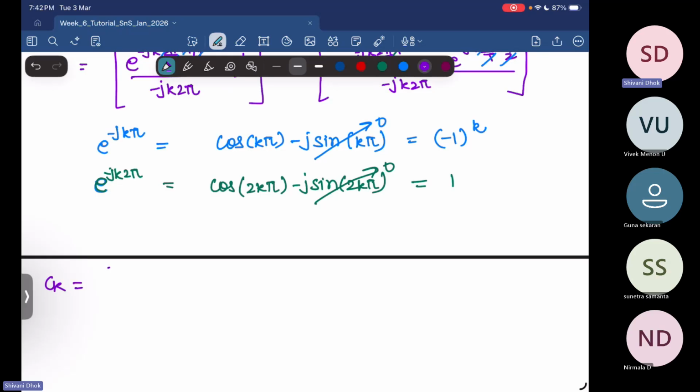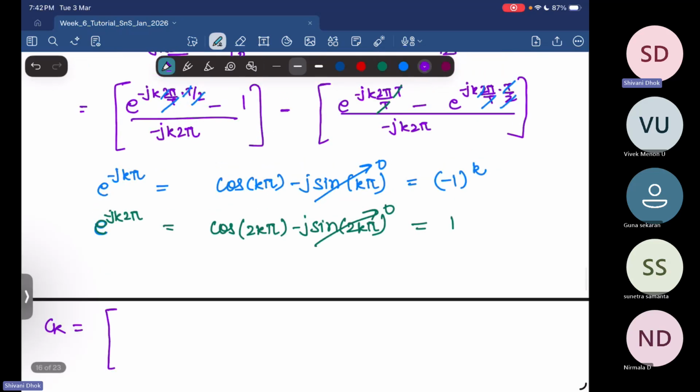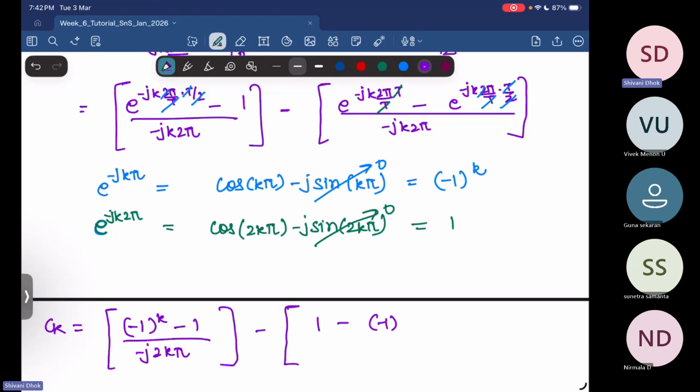So your ck is now minus 1 to the power k minus 1, whole divided by minus j 2k pi, minus we have 1 minus minus 1 to the power minus k, whole divided by minus j 2k pi.